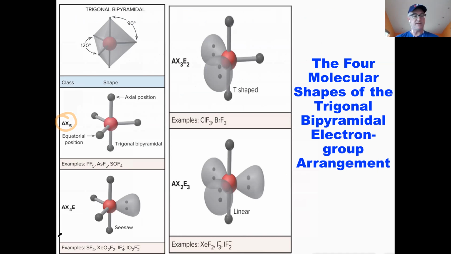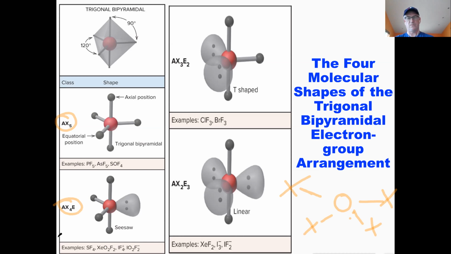If there is a lone pair in there, you get this AX4E. We call that a seesaw shape because it kind of looks like a seesaw.